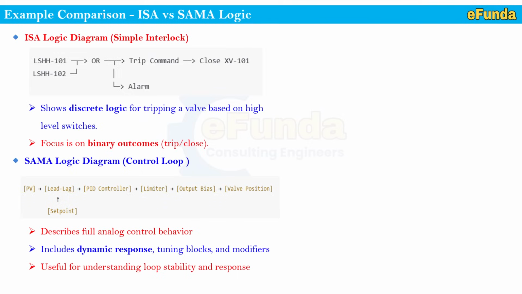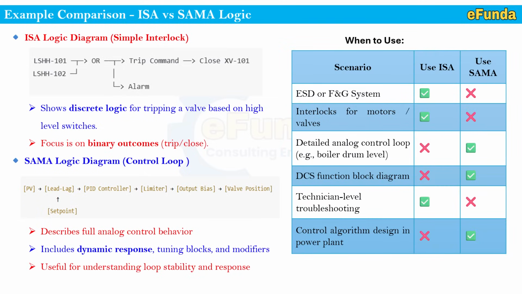Now we will see the simplified version for better understanding of when to use which. One can refer to the table where the scenario, use of ISA logic and use of SAMA logic are shown. First, ESD or F&G systems use ISA logic. Interlocks for motors and valves use ISA logic.